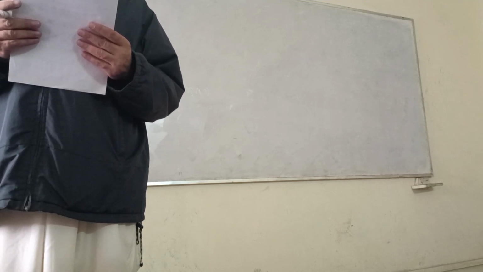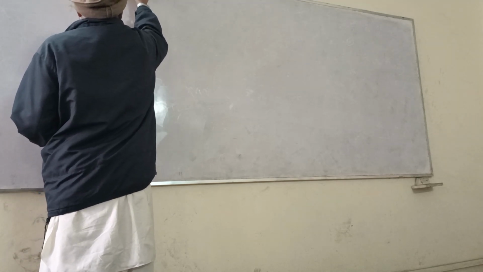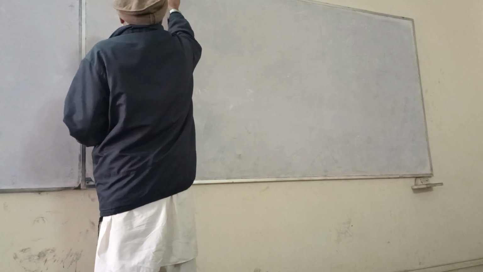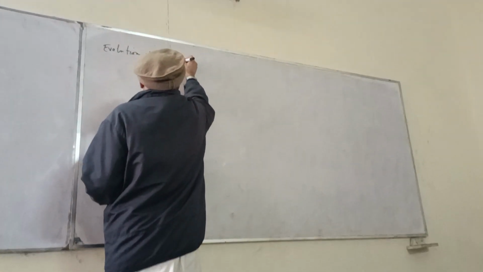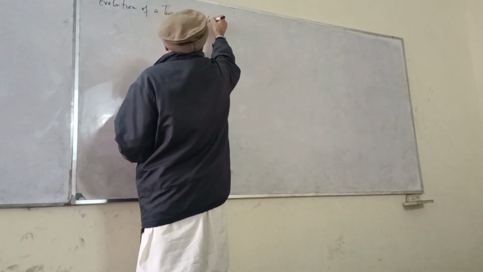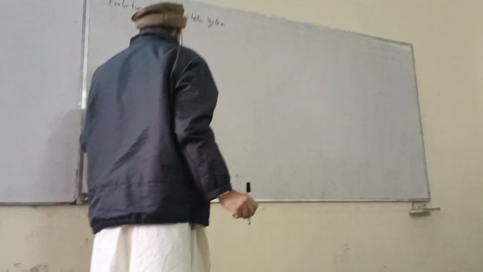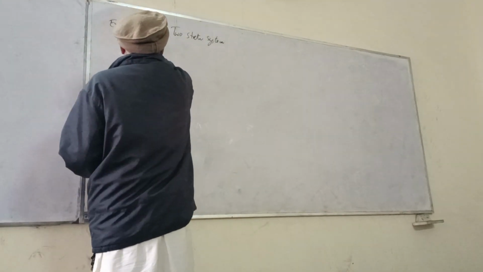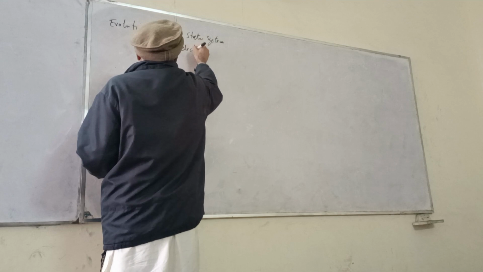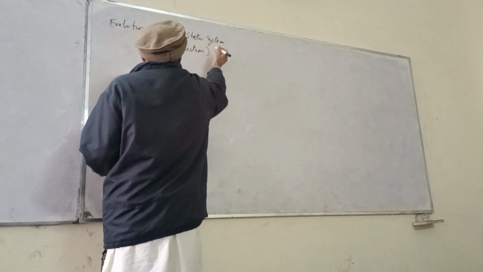So let us give it a title: evolution of a two-state system, such as the spin of an electron.